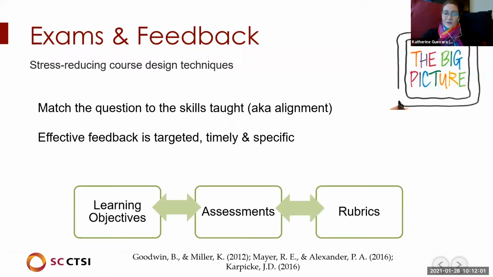So our main takeaway here before we get into examples is our learning objectives, the skills that we're teaching, the skills that the students will have by the end of our course, match our assessments, match what we ask them to give us as evidence of that skill. And the rubric, the way we grade them, matches what we asked to see. So there aren't any surprises. It's actually quite boring. It's all aligned.